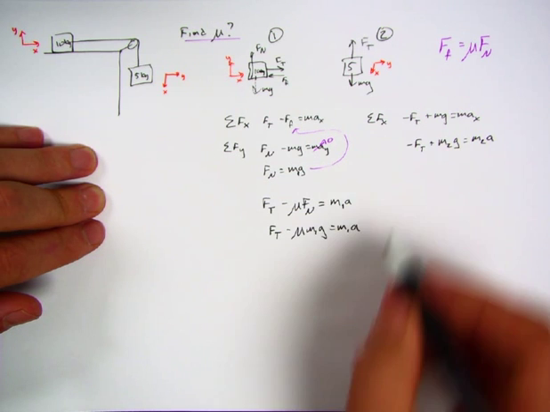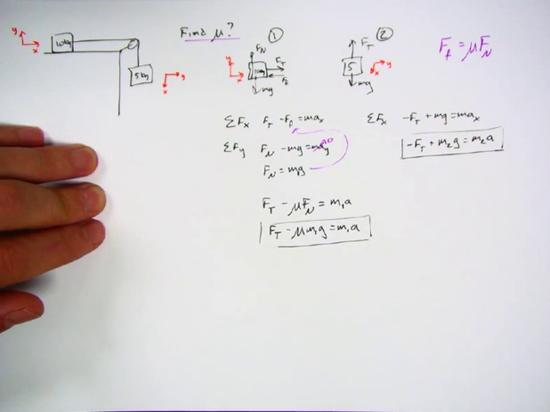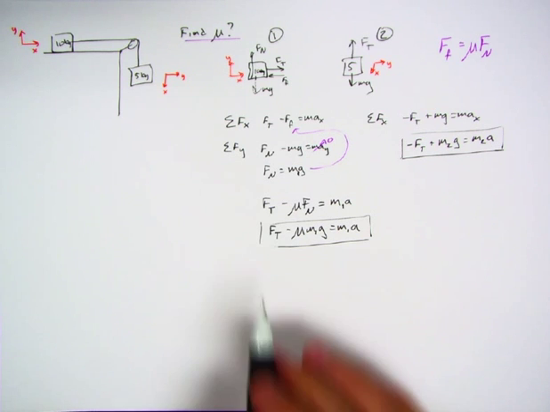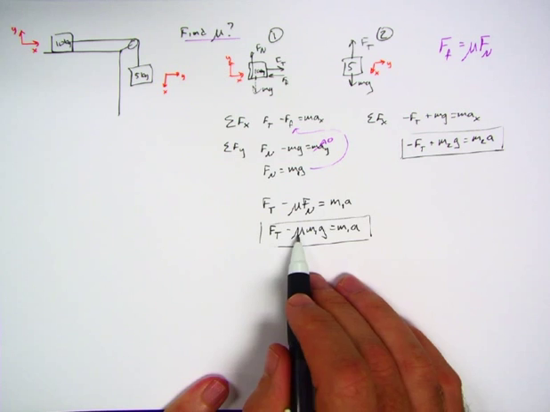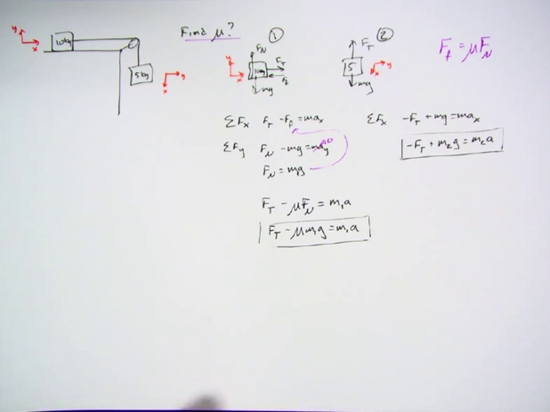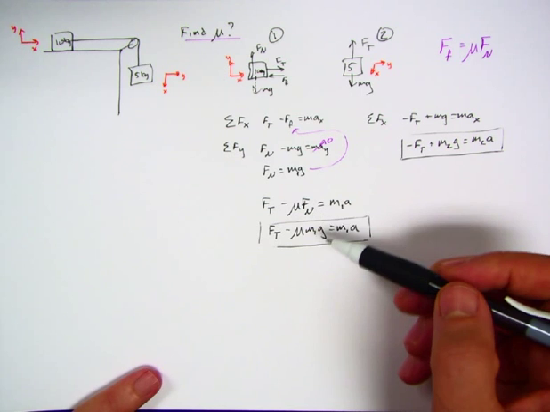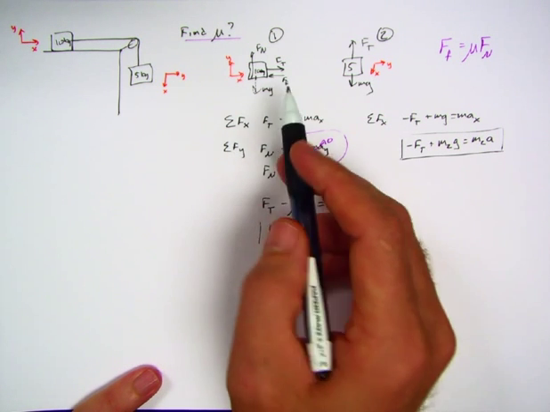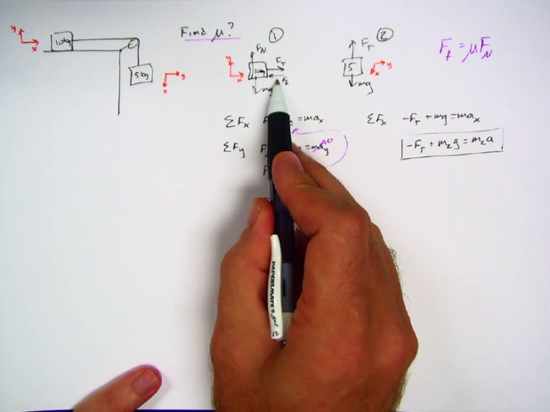Okay, so here's my two equations, and now I need to think about what I'm actually trying to find. I don't know force of tension, I don't know acceleration, I don't know mu, so I don't know three things. I'm going to think a little bit about what's going on. If I'm trying to find mu in order to see if they move, I can see in this equation, if force tension is bigger than force friction, it's going to slide to the right.